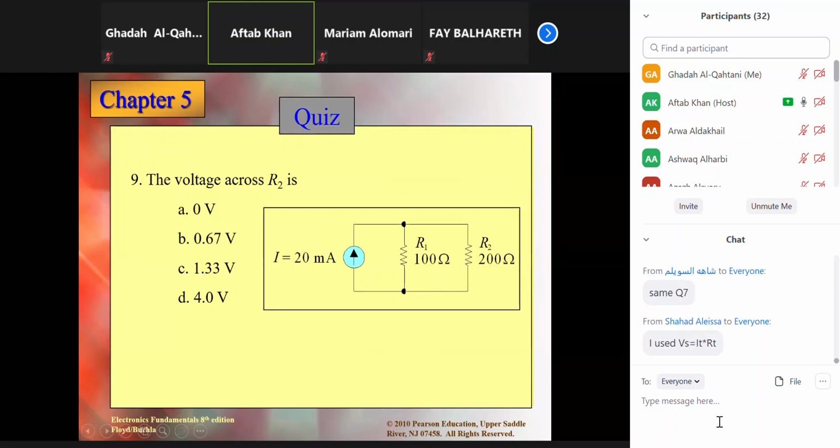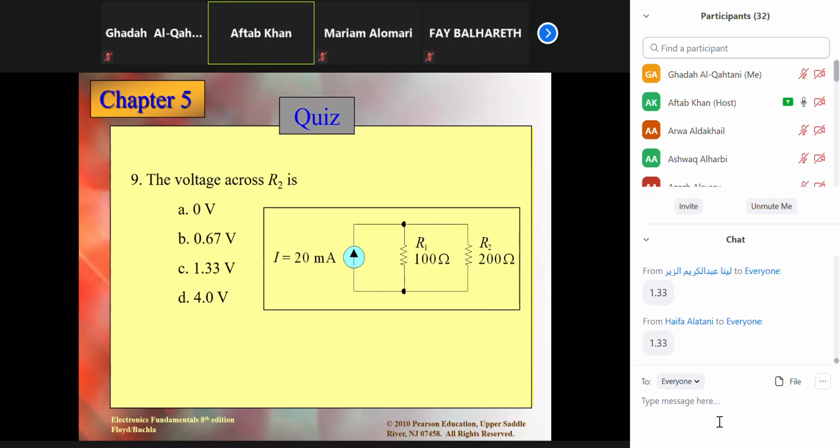Okay, quick question. Let's see who will respond first. I am just looking for the response in the chat. The question is, how much is the voltage across R2? Correct.